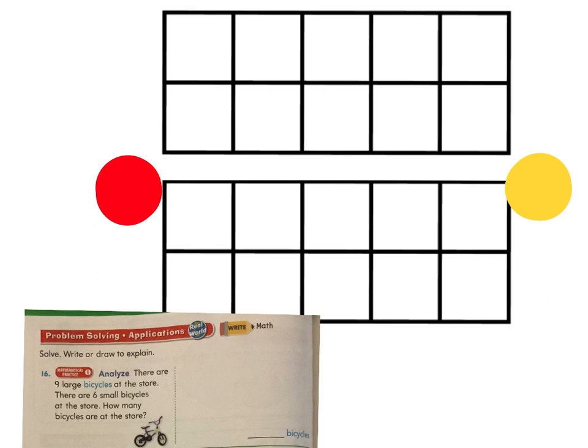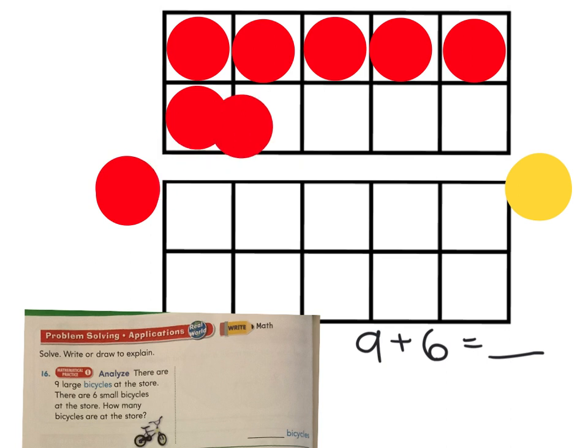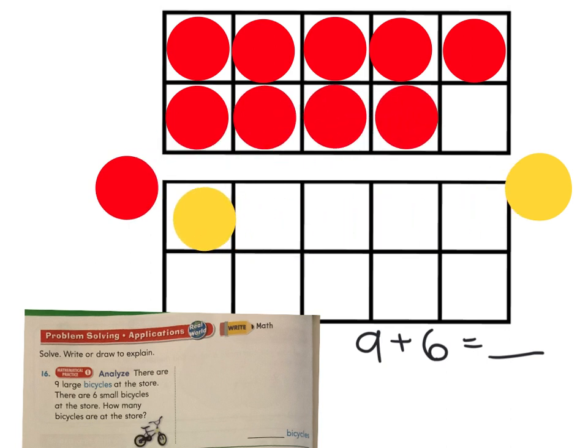So let's write our number problem. 9 plus 6. And then I'm going to move the circles and you can draw it on your pocket sleeve or on your paper. So 9 in the first 10 frame. 6 in the next 10 frame.